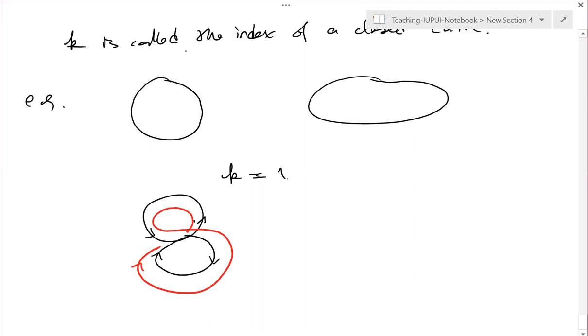In this case, the total curvature divided by 2 pi, I think this time it's cancelled out. So k is going to be 0 in this case.